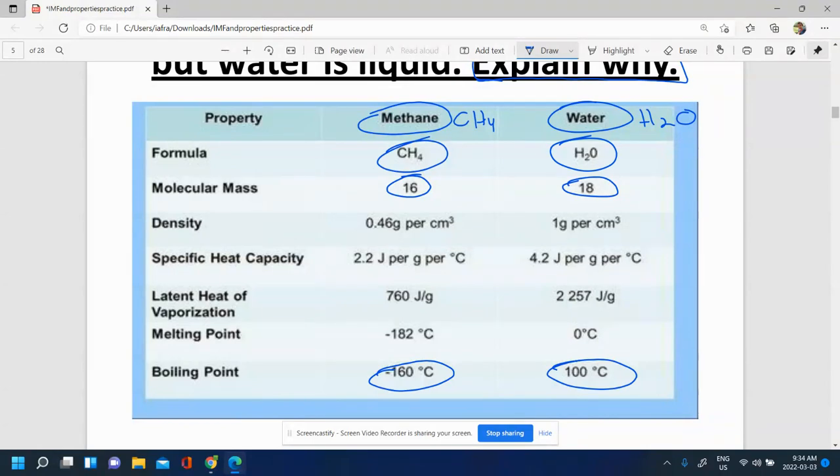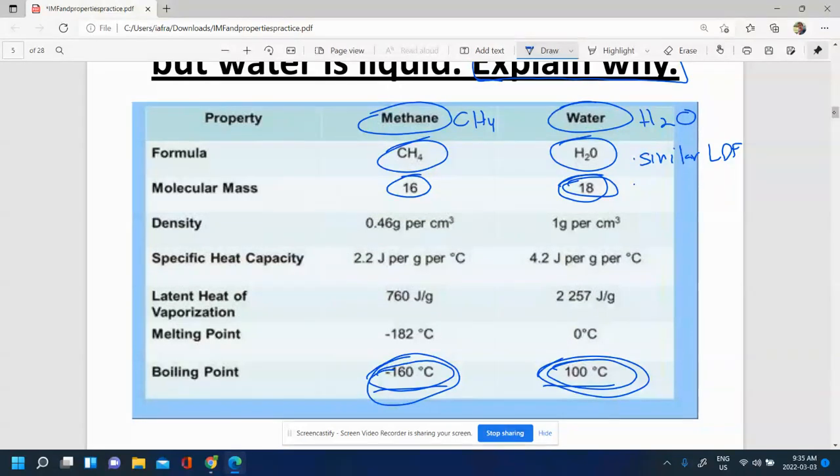So what does that mean? Well, that means that they have similar LDF, because their size is similar. Water might have a little bit more, but LDF is probably not the reason why water is a liquid and methane is a gas at room temperature, and LDF alone is probably not the reason to explain this huge difference in boiling point. So what is different between them?